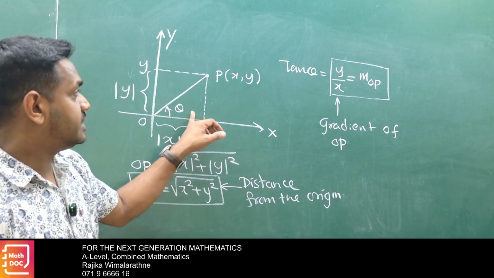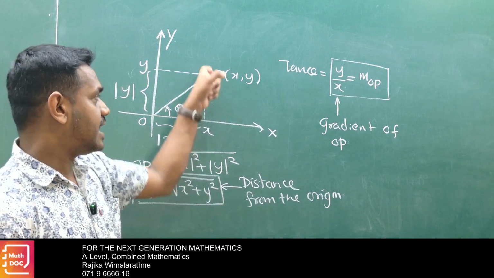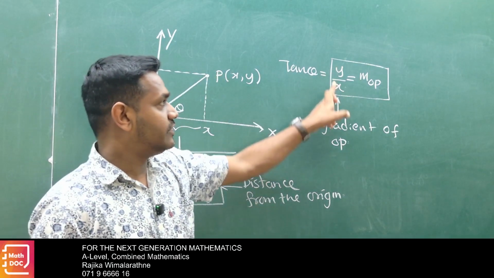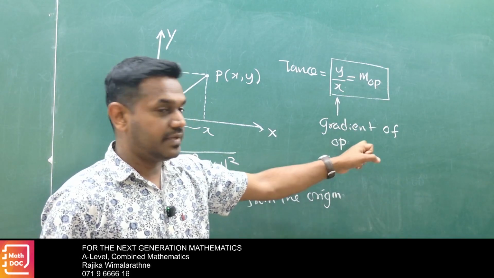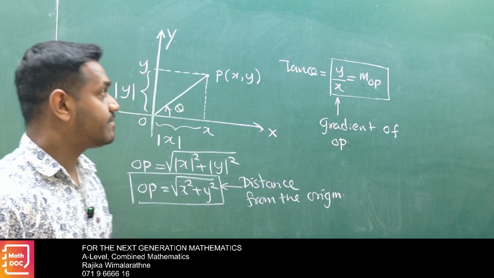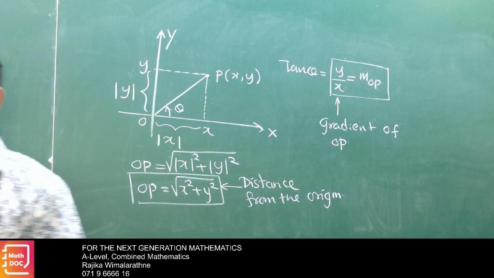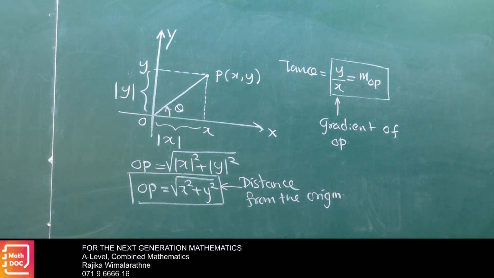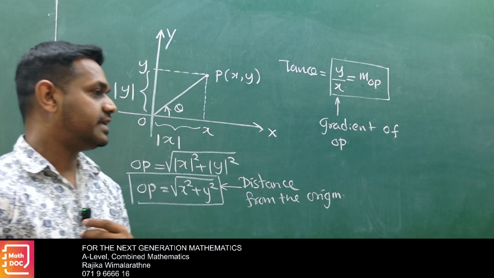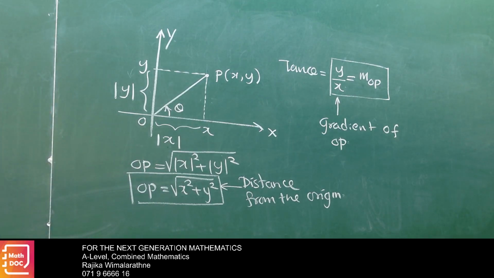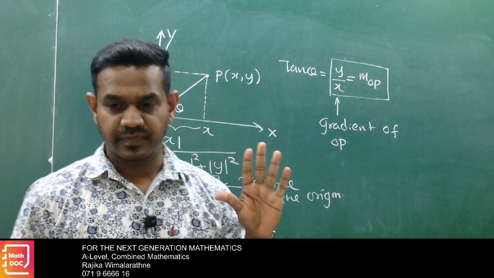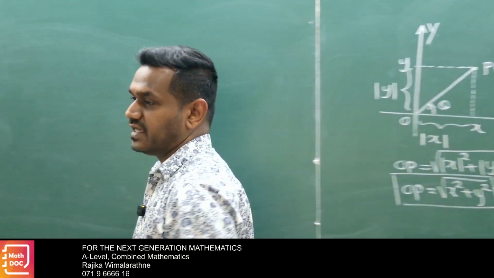Then theta is the inclination, tan theta is the gradient, and the tan value is y divided by x. Y over x is MOP, the gradient of OP. Write it. Okay, you can apply those relations directly.